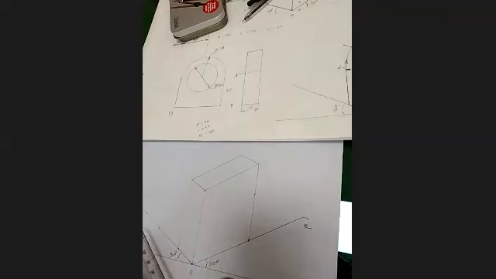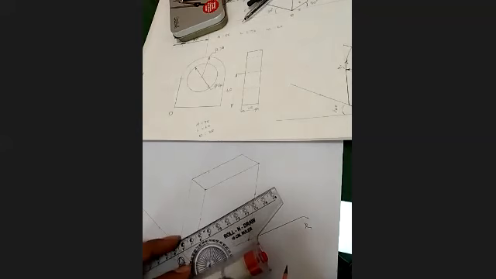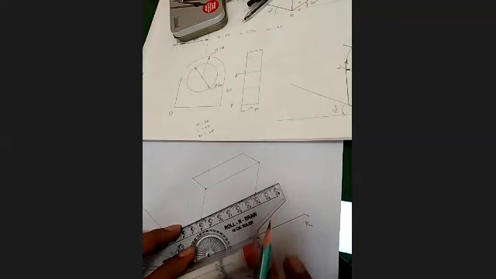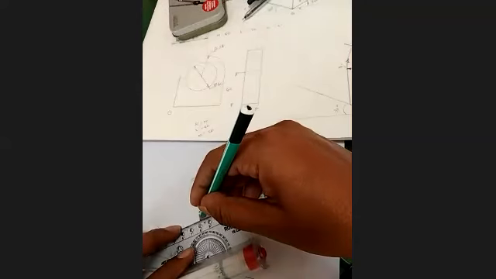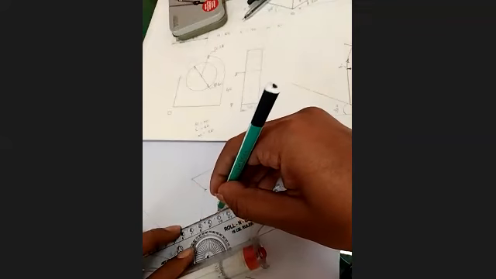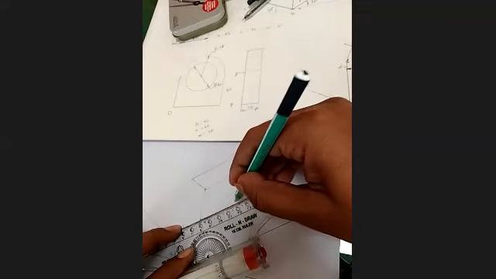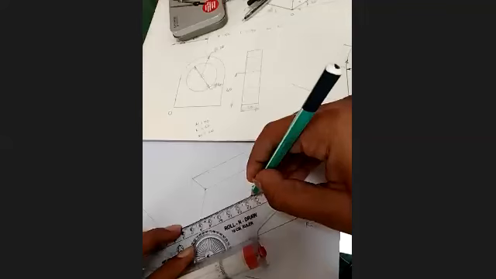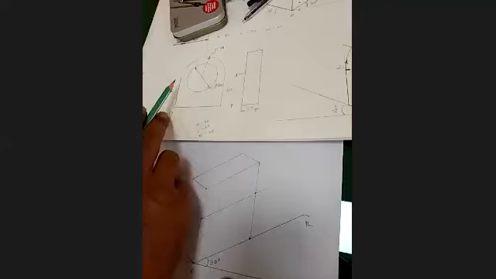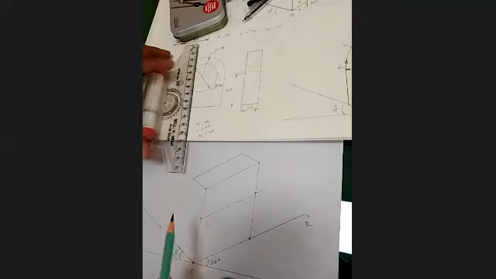Through these two points, draw a line, which is going to be the center line. You can use the center line notation: long dash, short dash, long dash, short dash, long dash. Similarly, the vertical center line is supposed to be here.